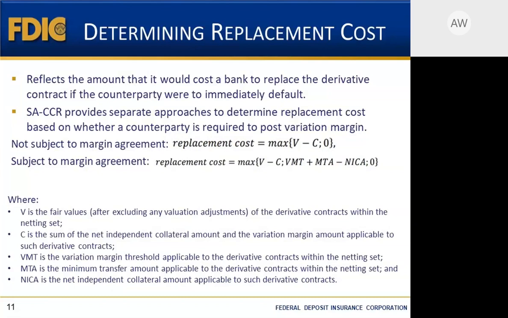And I want to focus on this distinction. SA-CCR is quite sensitive towards recognition of whether a derivative is margined or unmargined. And as we go further, you will see that there are different treatments for margined and unmargined derivatives.